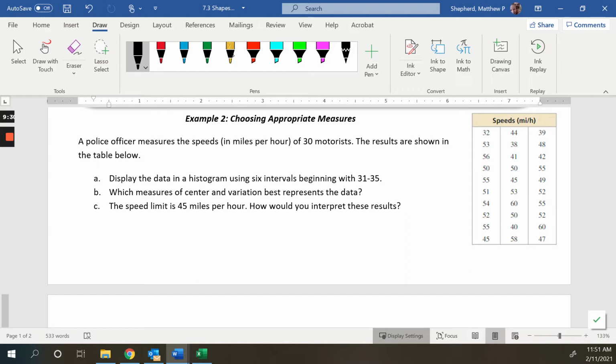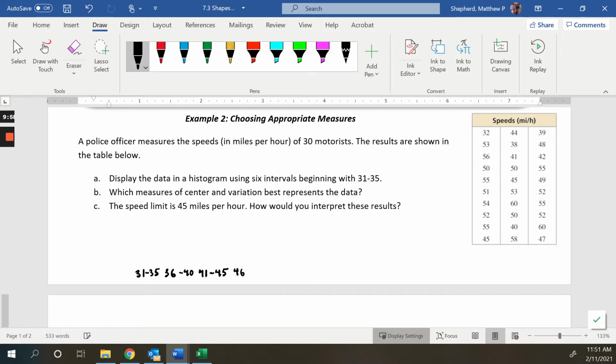Now, it says we're going to have it do intervals of 31 through 35. So 31 through 35. Notice how it added 4. Next number up would be a 36. Add a 4 to make it 40. Then 41. Add a 4 and it goes to 45.